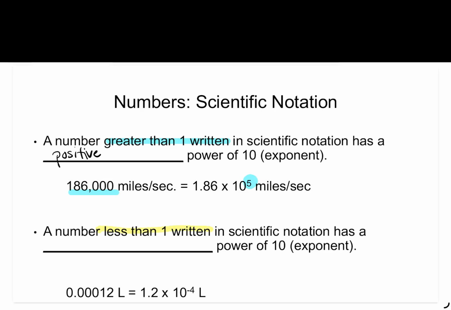And a number less than 1, or a small number, has a negative exponent. So if you're looking really quickly at whether a number is big or small, look at the exponent. If it's positive, it's a big number. If it's negative, it's a small number.